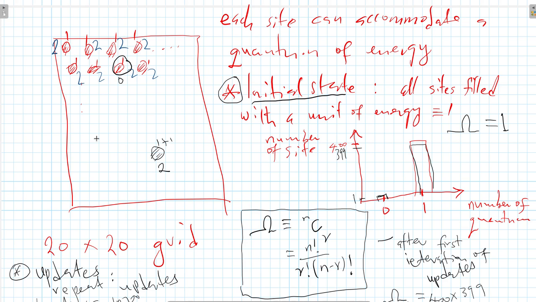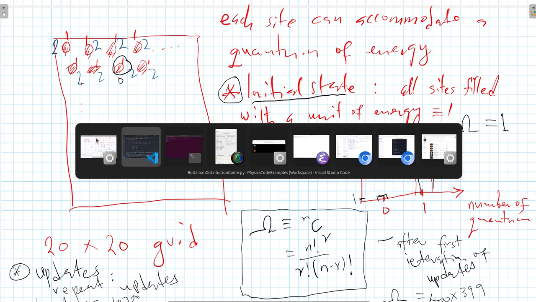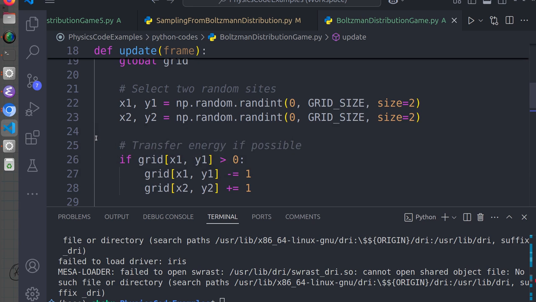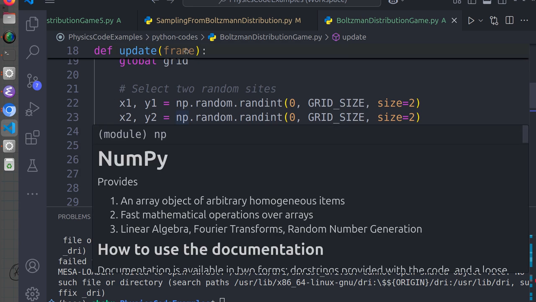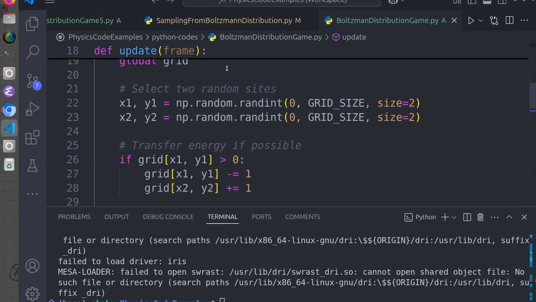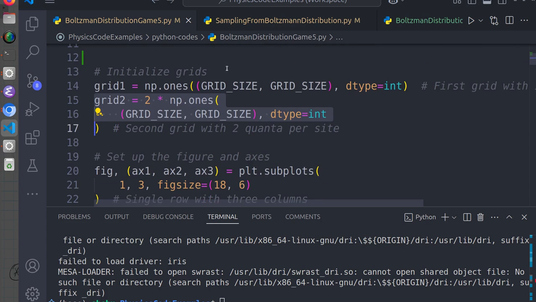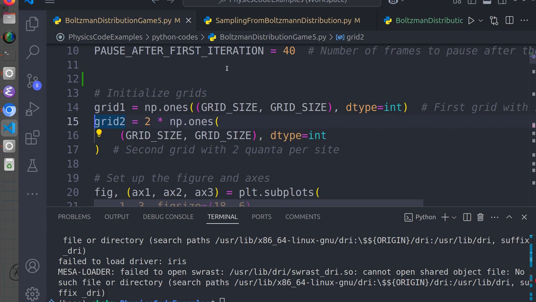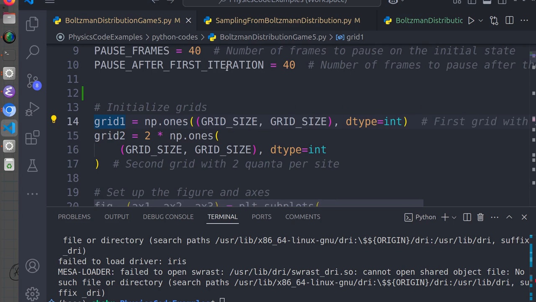We can make a simulation of these two systems beside each other to see how they are going to evolve. Here we have two grids, grid number 1 and grid number 2. Grid number 1 at the initial stage has ones everywhere.